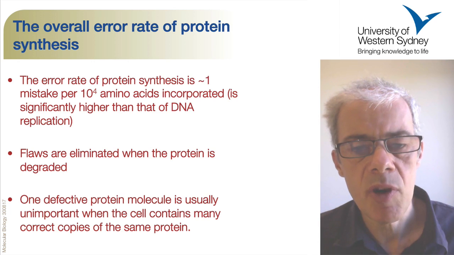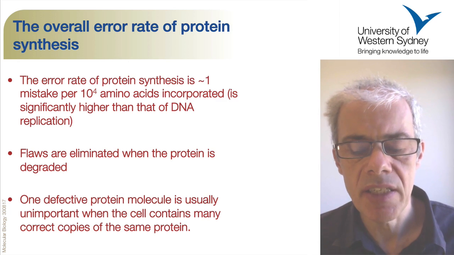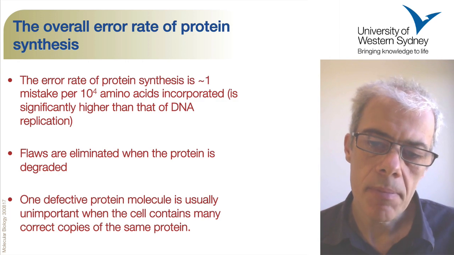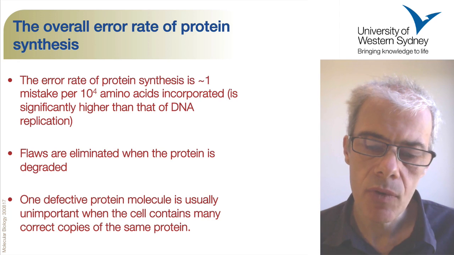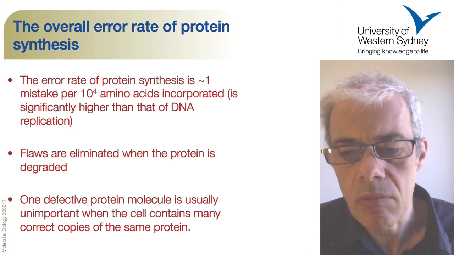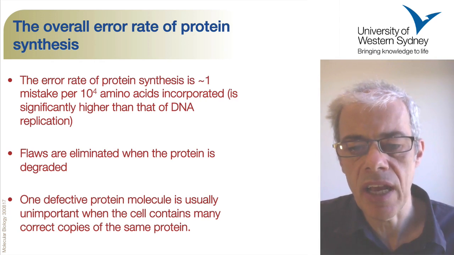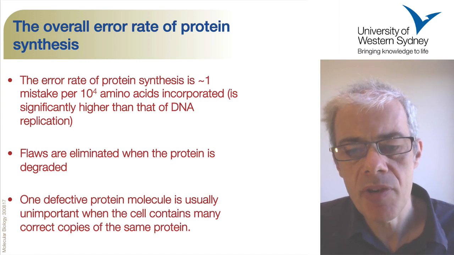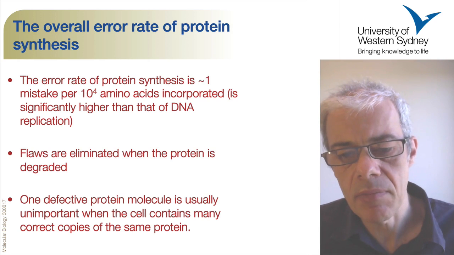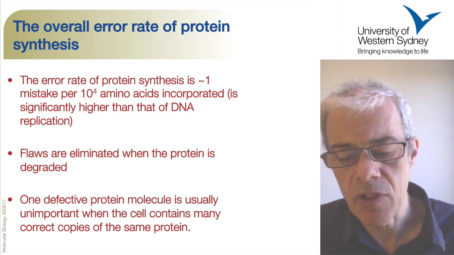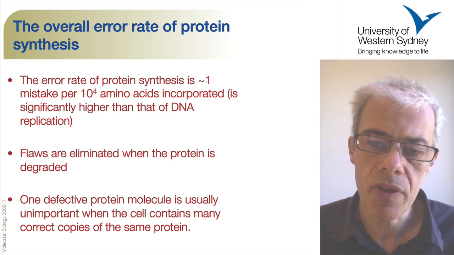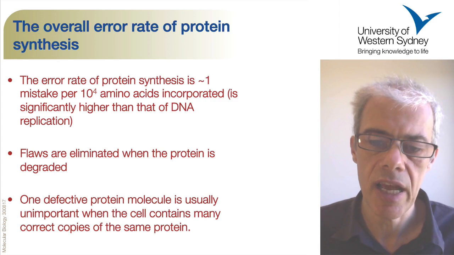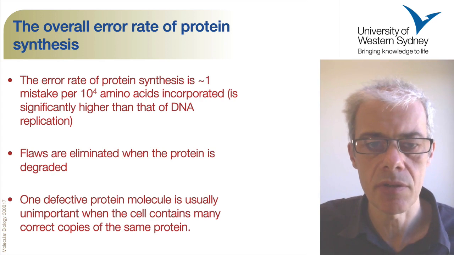Now, it's not such a problem for the cell if a wrong amino acid is incorporated into a protein, because from one messenger RNA, many proteins are made, and therefore, if one out of 10,000 proteins has the wrong amino acid in it, it's of no real consequence to the cell. And also, proteins are broken down and not passed on during cell division. So these mutations in proteins are transient rather than genetically inherited. So it's of little consequence.